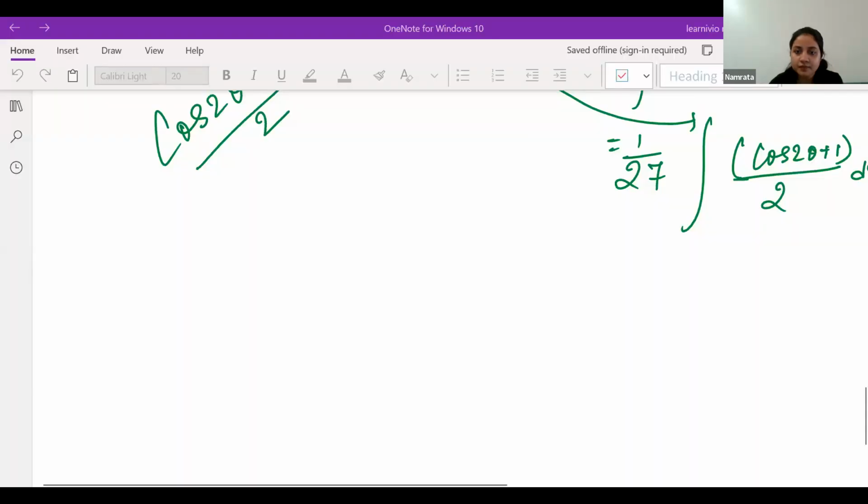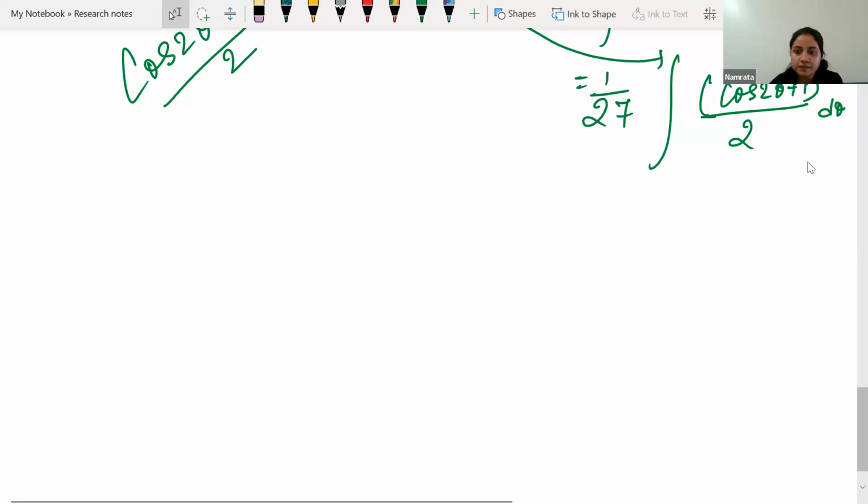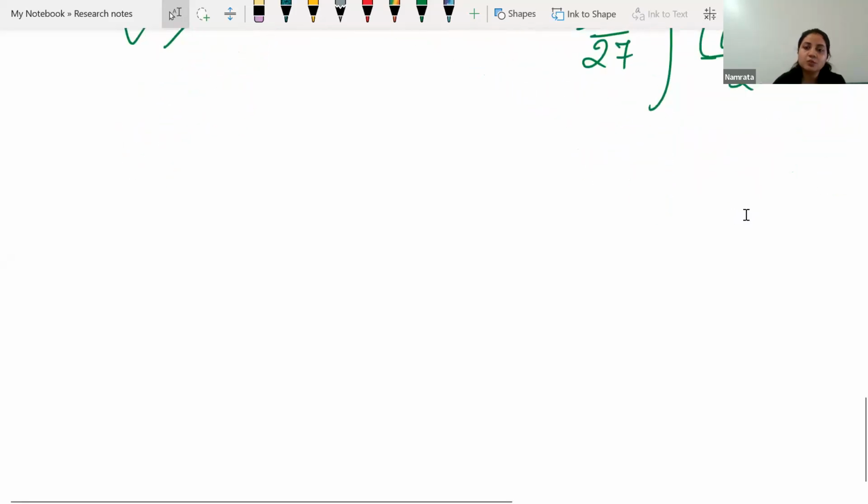In between it's lagging. Okay, let me know if it is going to continue like that. Can you see the screen for now? Yes, ma'am. Okay, let's move ahead.